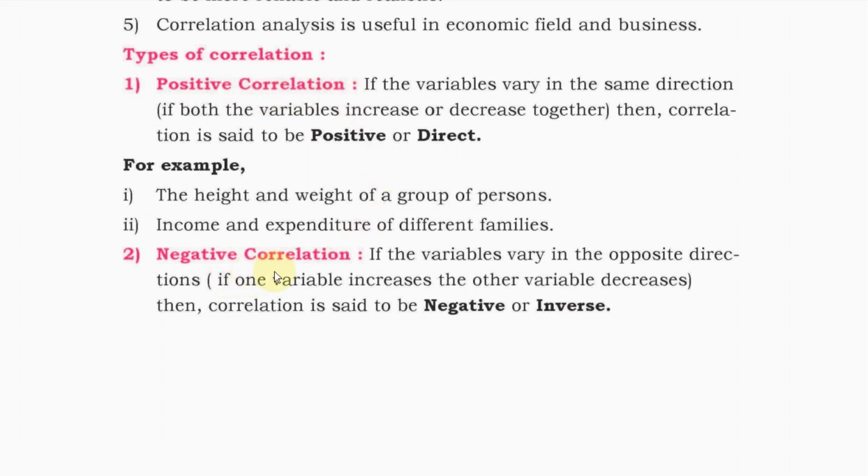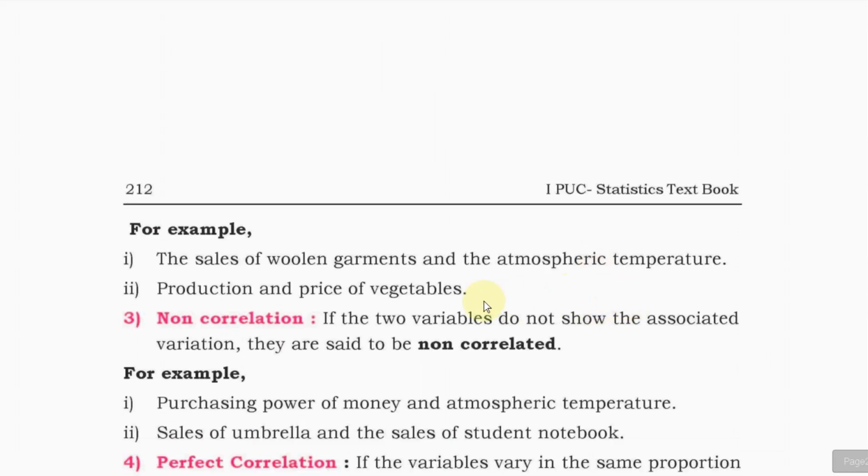The second one is negative correlation or inverse correlation. If the variables vary in opposite directions, that is, if one variable increases, the other variable decreases, or vice versa, then the correlation is said to be negative or inverse. For example, the sales of woolen garments and the atmospheric temperature.